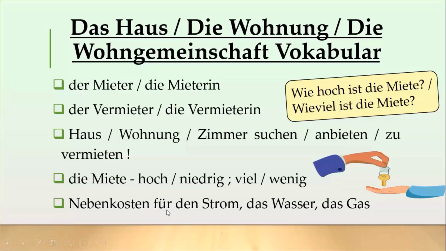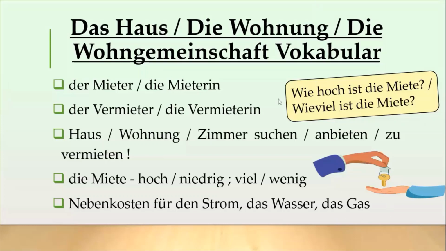Note here that the preposition für, which means for, is an accusative preposition, so it will always use the accusative grammar case, which means that the articles of masculine nouns, which in this case is Strom, will change from der to den, but the articles of the neutral nouns Wasser and Gas remain the same.